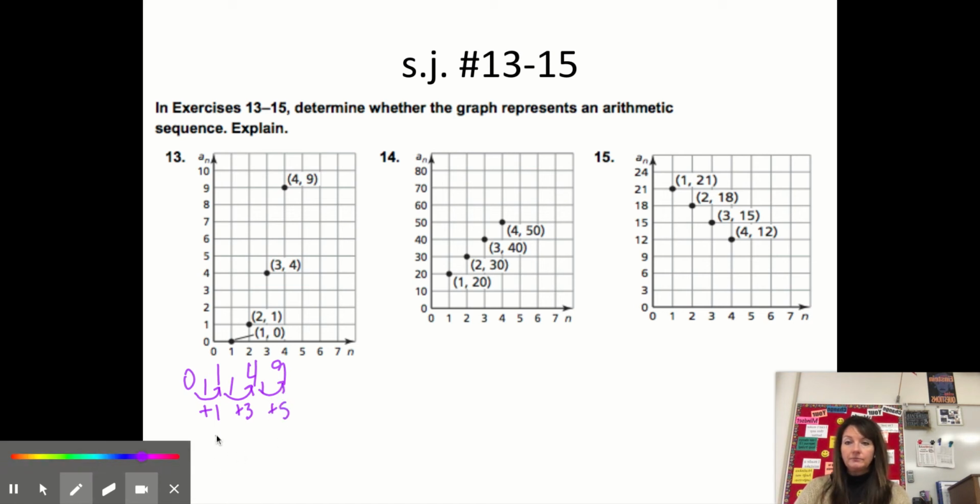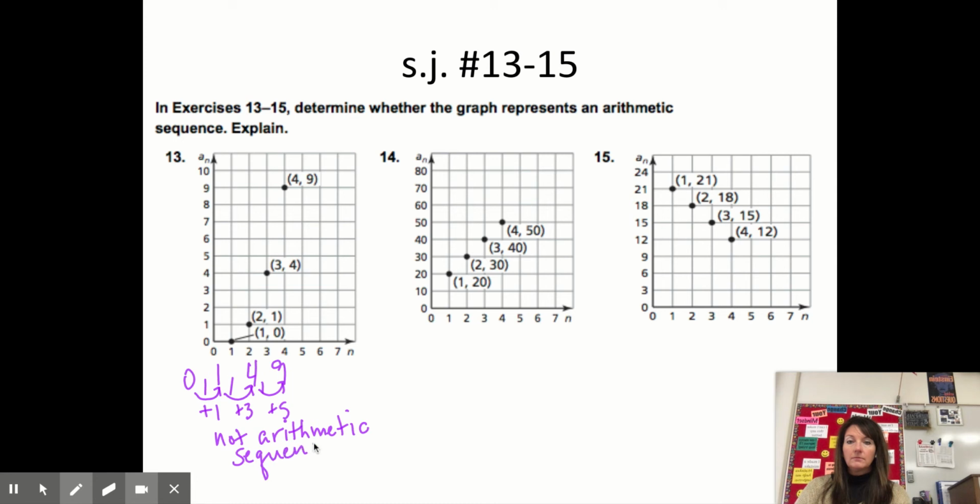No. So this is not an arithmetic sequence, because there's no constant rate of change. Or we also call this the common difference.